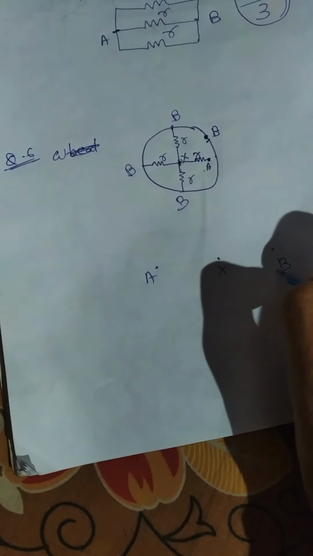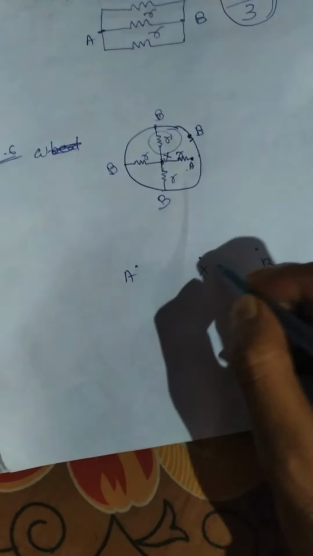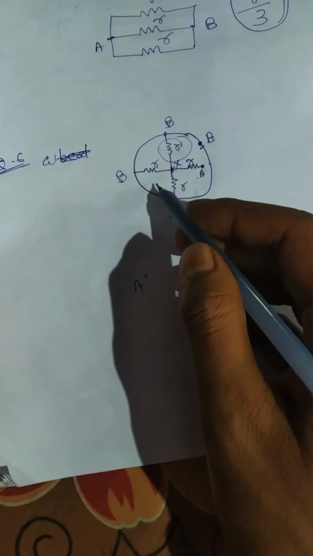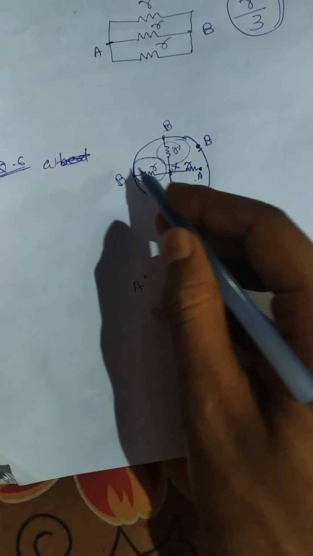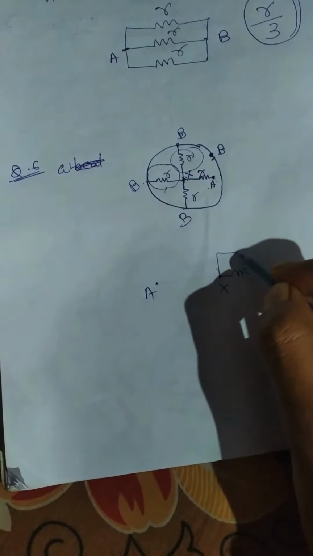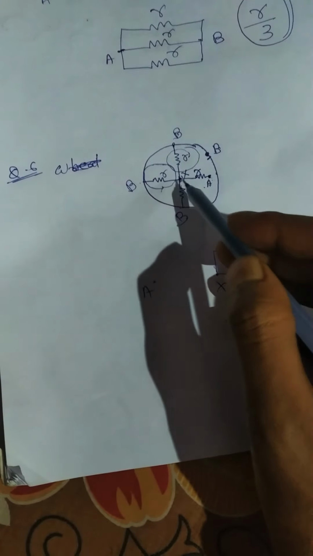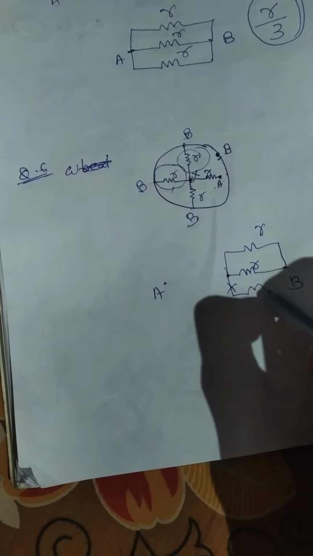This R resistor is connected between B and X. Again this resistor is connected between B and X. Again this resistor is connected between B and X. And this R resistor is connected between A and X. Okay.